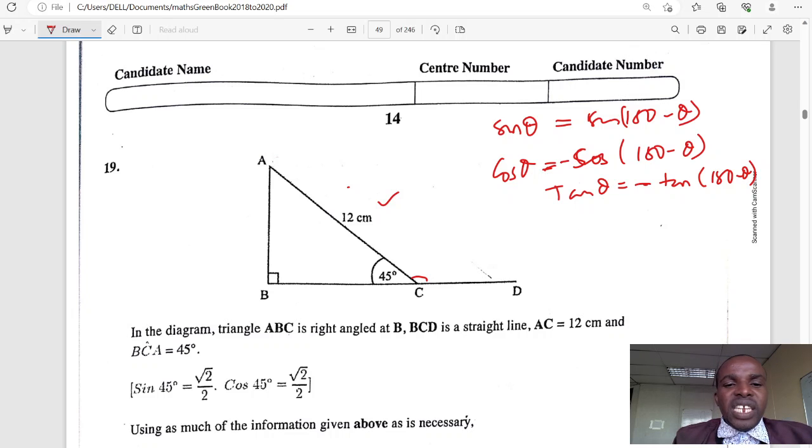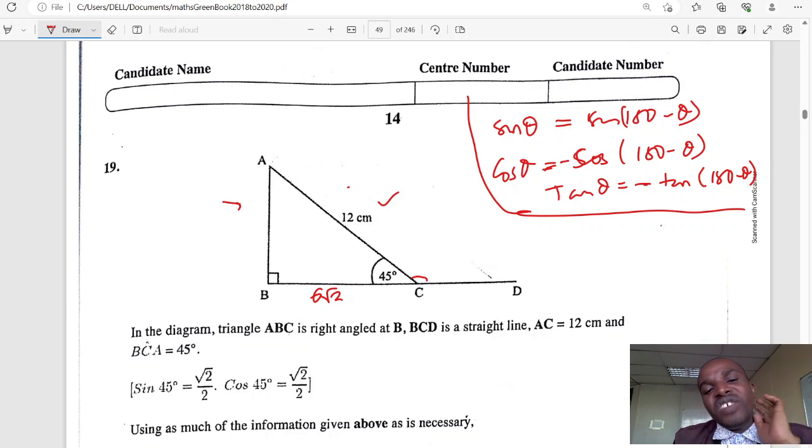Here, this side, we found it as 6 root 2. You can even use this, it still works. Then you can find this side using Pythagoras, or you can use SOHCAHTOA to find side AB, because tan 45 is opposite over adjacent, AB over BC. What is AB in this case?